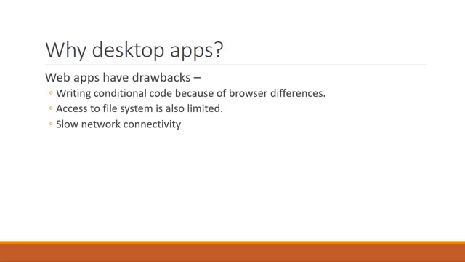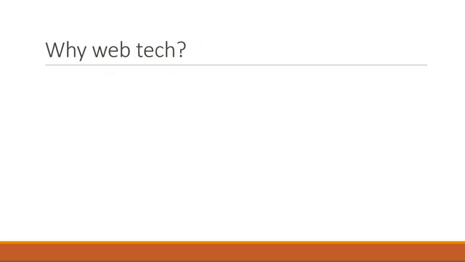Okay, so we understand desktop applications are necessary. But why use web technologies to build desktop applications? To answer that question, I would say that the web community is much bigger than the desktop community. So any support for your application, you can find them easily online.